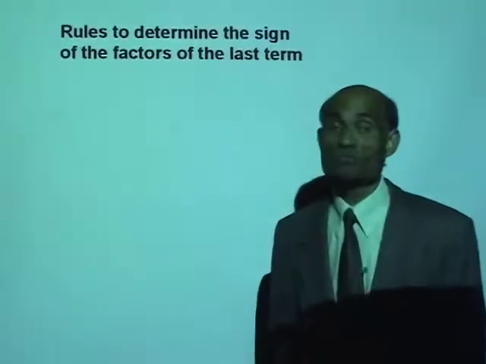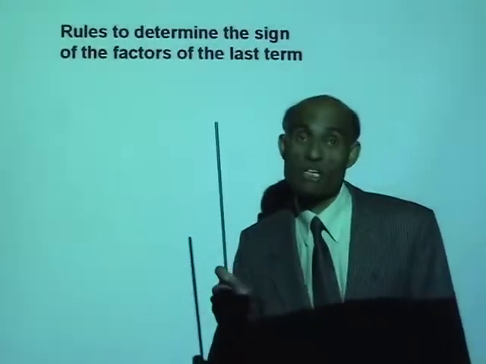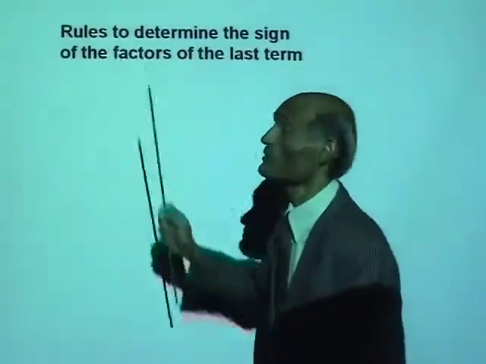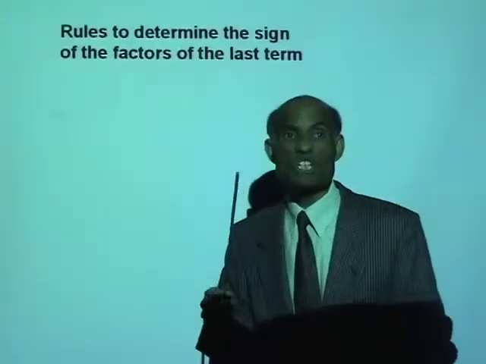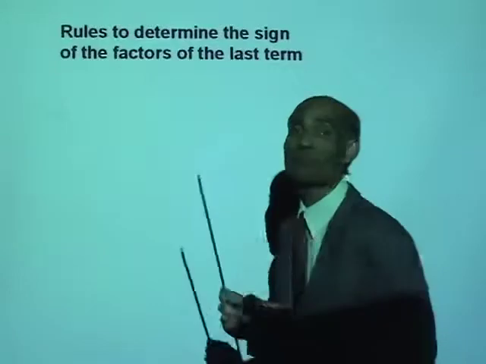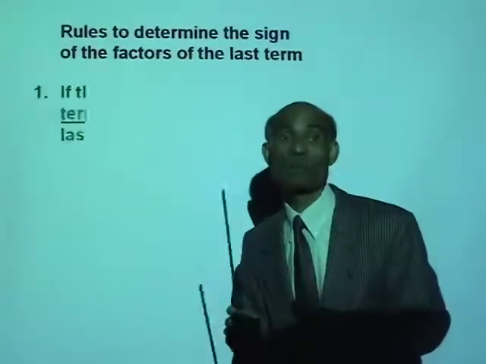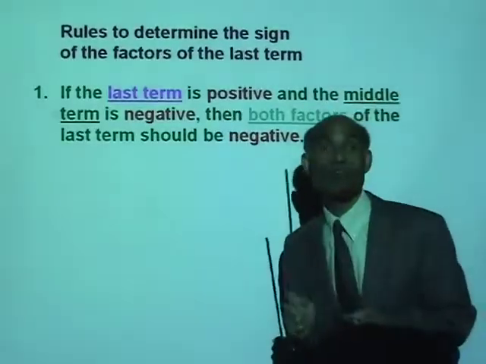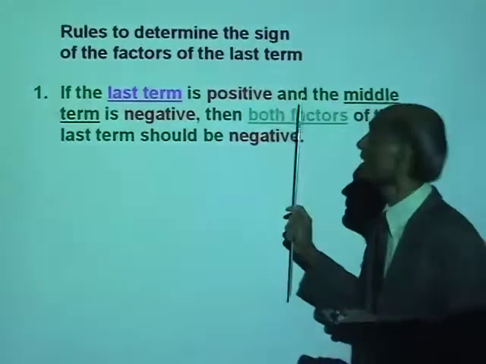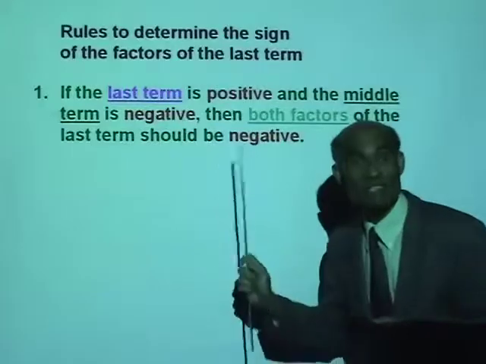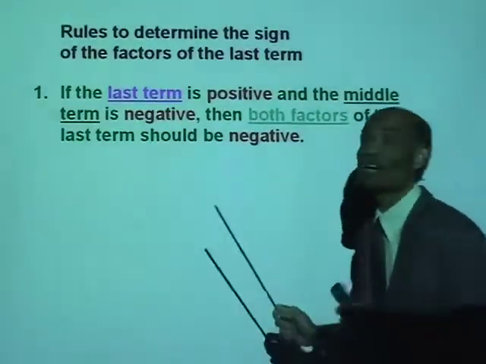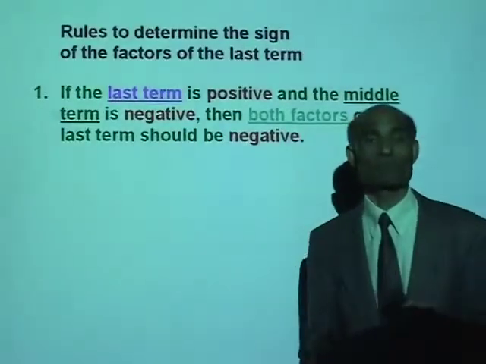Now, the trickiest part is to factor the last term. So I'm going to give you some rules to determine the sign of the factors of the last term. What are the rules? We talked about one rule already. If the last term is positive and the middle term is negative, then both factors of the last term should be negative.